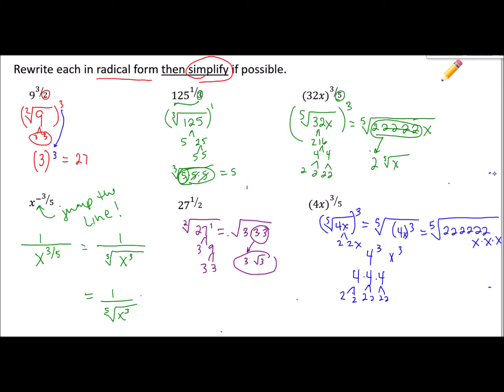Okay, we do have a pair of homies. Got 5 2s right there. One makes it out. And then we look at what's left inside. We've got a 2 and 3 x's, so 2x cubed.